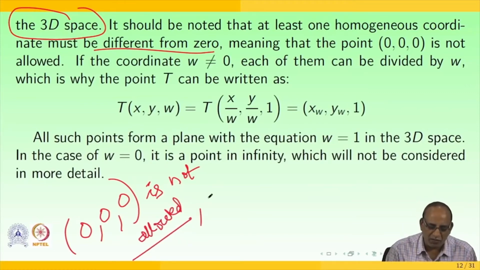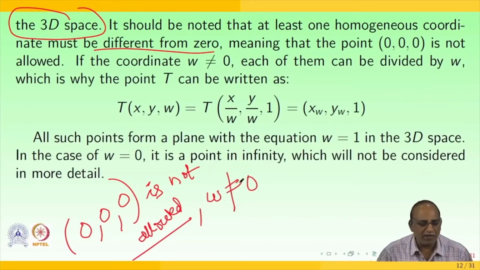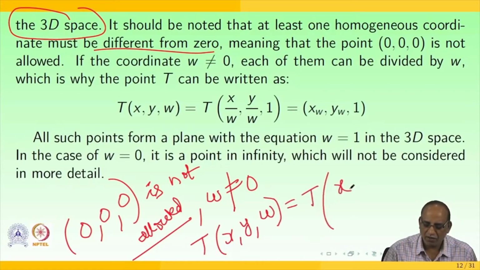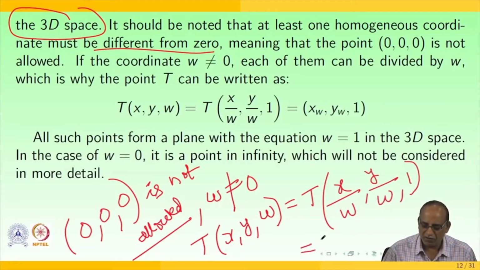If the coordinate w is not equal to 0, each of them can be divided by w. That is why the point can be written as T of (x, y, w), which is equal to T of (x/w, y/w, 1).